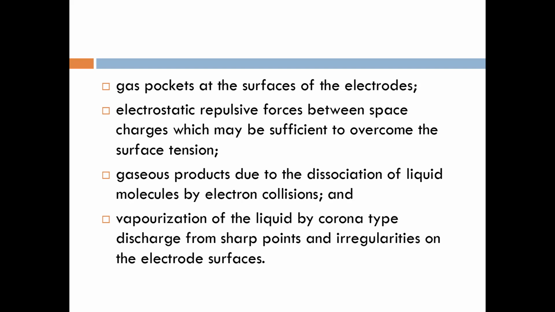And the last one is the vaporization of the liquid by corona type discharge from sharp points and irregularities on the electrode surface. If sharp points are available on the surface, and the surface is not regular, or there are irregularities on the surface of that electrode, then gas bubbles are going to form.